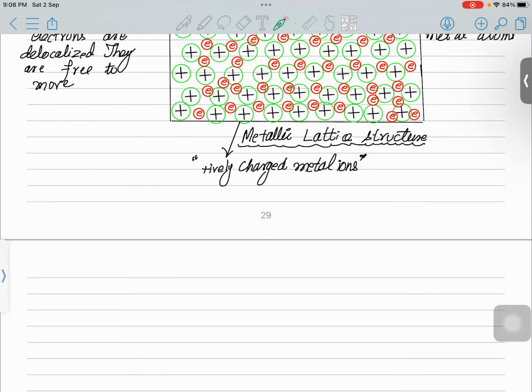So let's start metallic bonding. First point: metals have mobile electrons. Mobile electrons means free electrons.